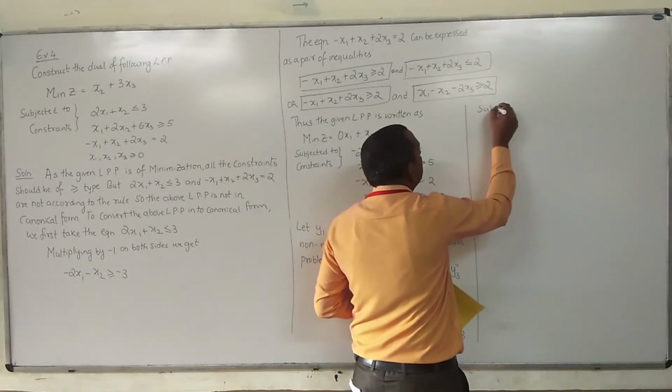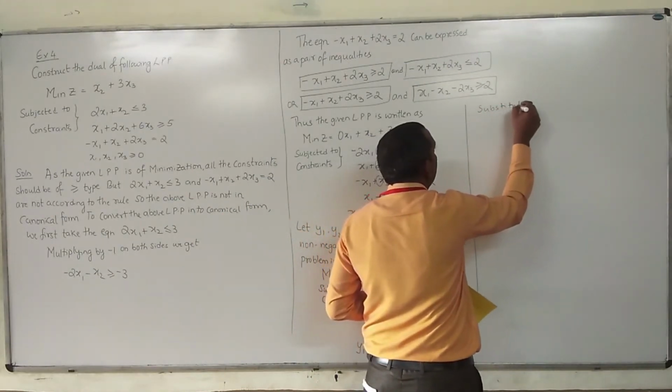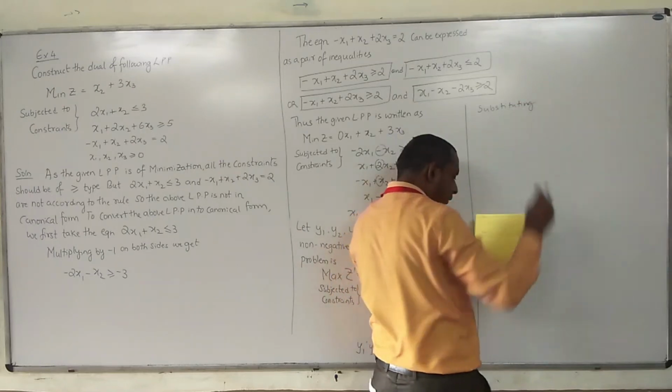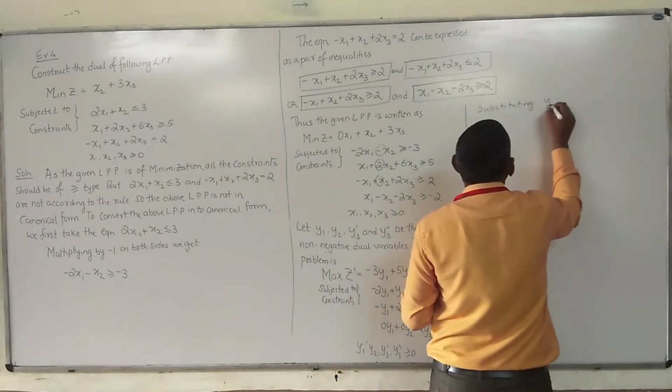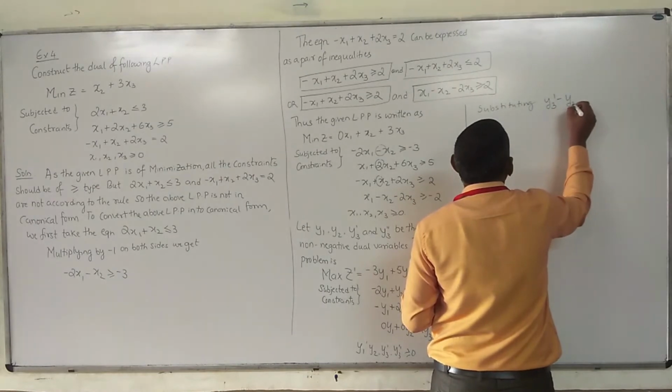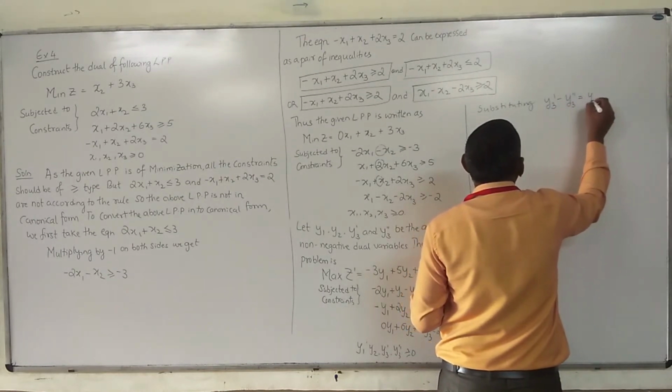Here, substituting y3 dash minus y3 double dash is equal to y3.